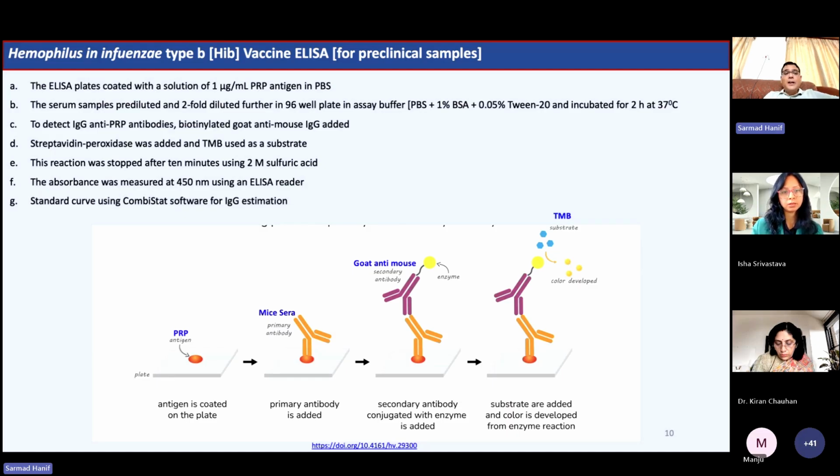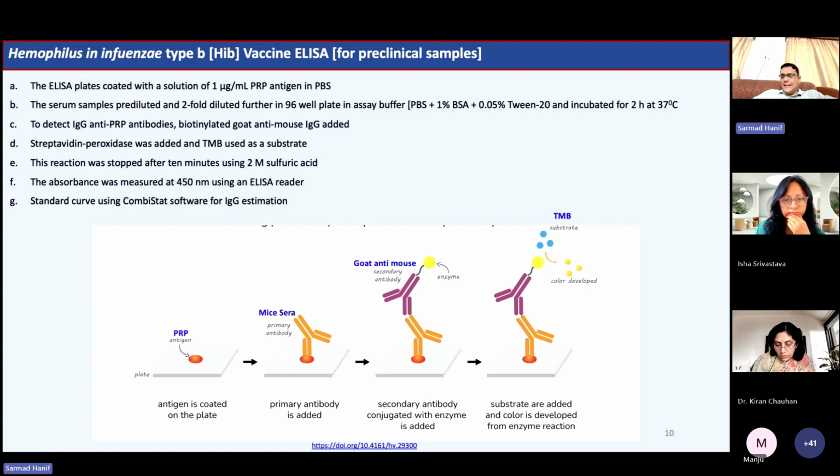And remember, these are the major steps. All these steps have wash steps in between, so that extra unbound primary and secondary antibodies are gone, not giving you false results.